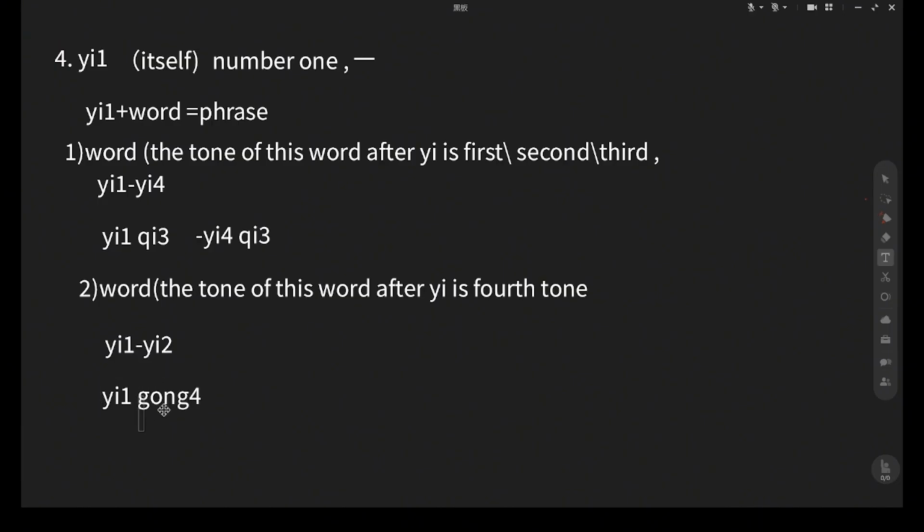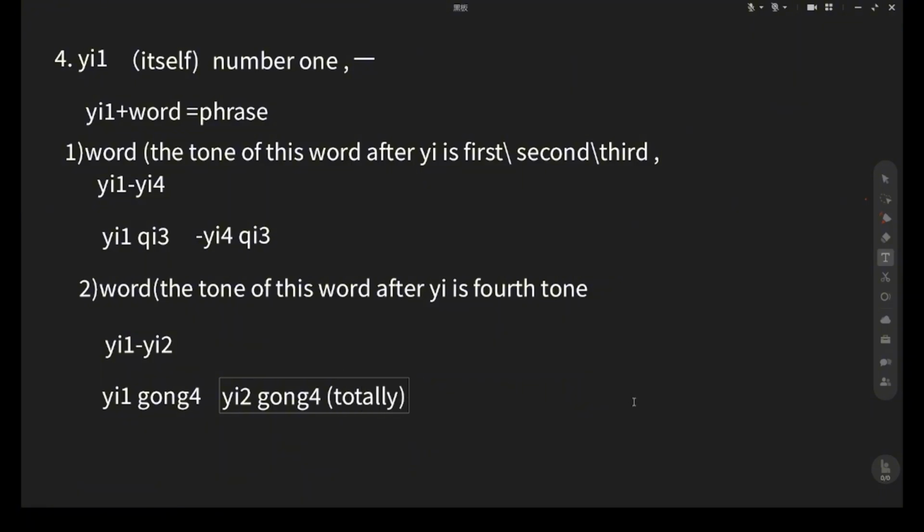So how to read this? 一共, gòng gòng, right? So 一共. You see? The tone of this word after 一 is fourth tone. Then this 一 changes to the second tone. So we don't read it yī gòng. We read it yí gòng, okay? Which means totally.